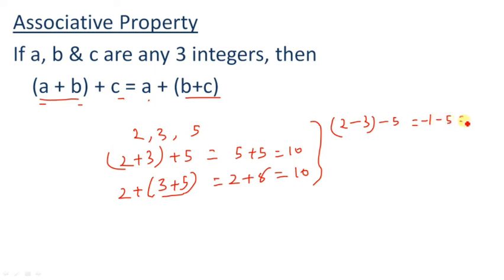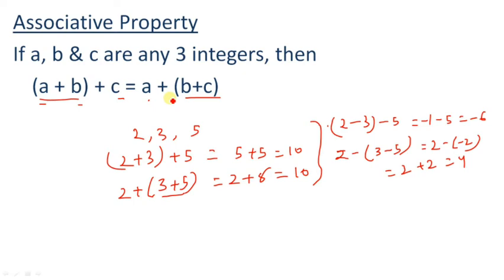Right, now if I write 2 minus (3 minus 5), now 3 minus 5 means minus 2, 2 minus minus 2, so 2 plus 2, which will be 4. It means for subtraction it is not obeyed. That is why only the plus sign is given. It means the associative property is obeyed by the addition of integers.